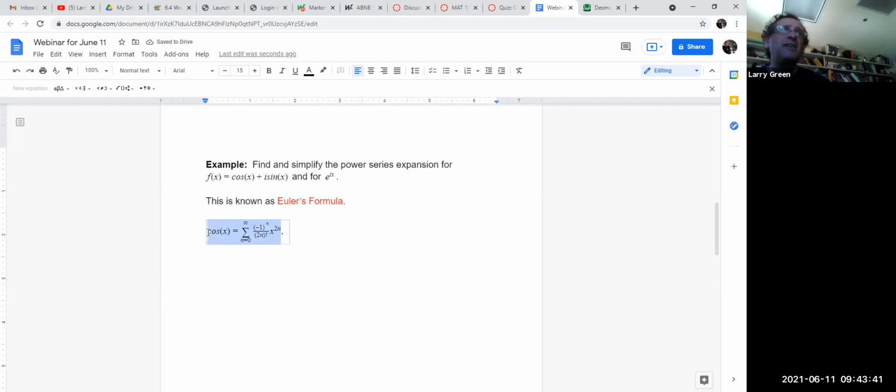And how about sine of x? Do you remember the formula for the sine of x? And the hint is the cosine of x is an even function. That's a hint. The sine of x is an odd function. So do you remember? Yeah, it's the same thing. And that's why I'm copying and pasting. Take that cosine, turn it into a sine. And instead of 2n, you're going to have 2n plus 1.